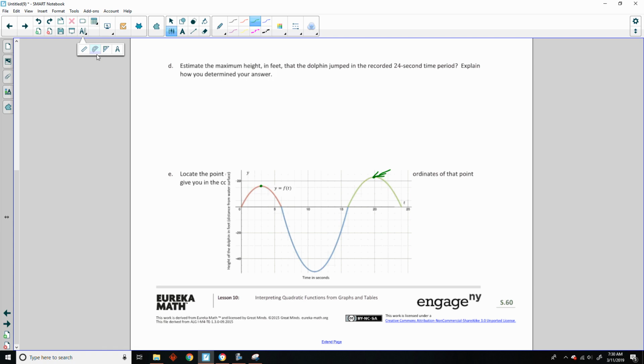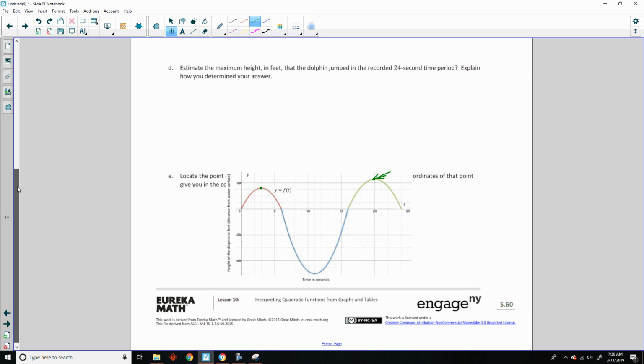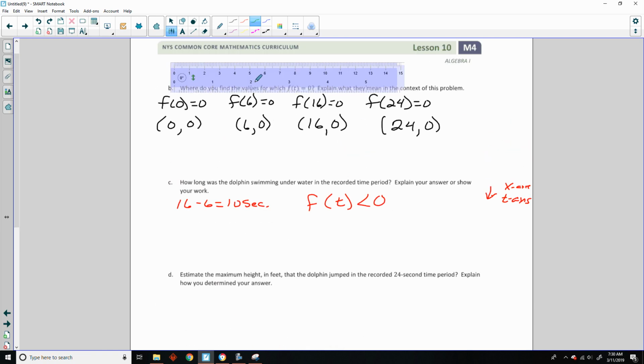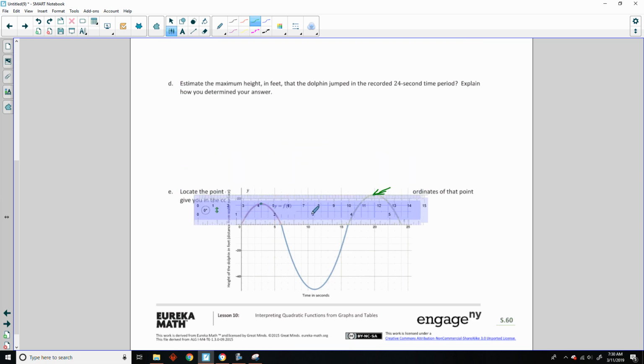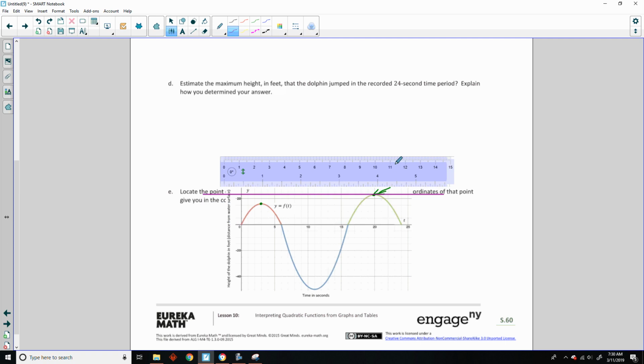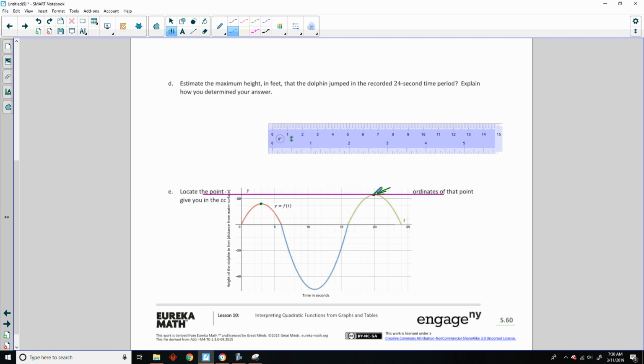Okay, so if I got my ruler out and drew a line right here, this height here is higher than this height here, so this is the height we're looking for.